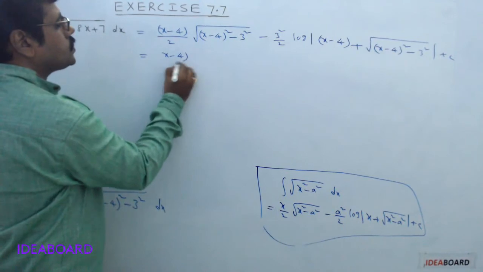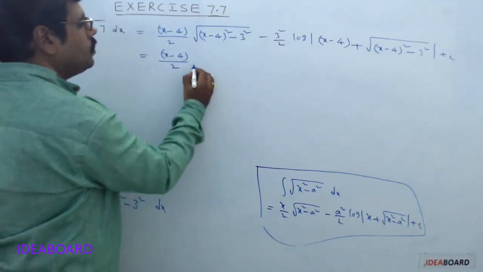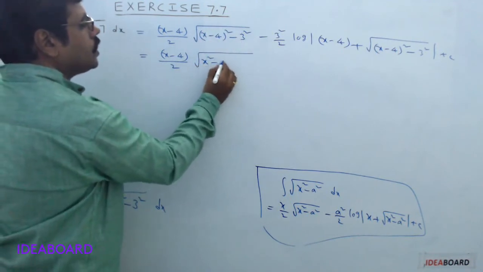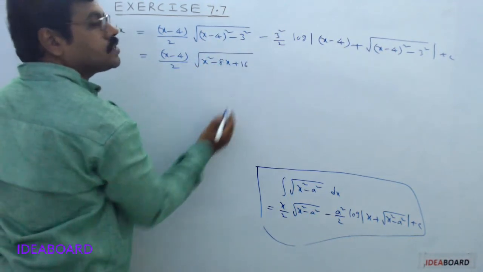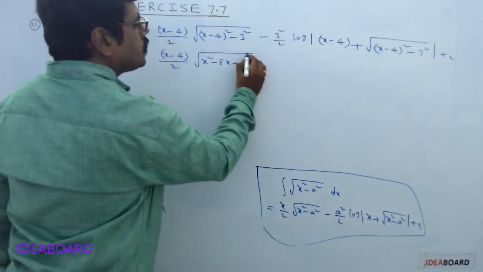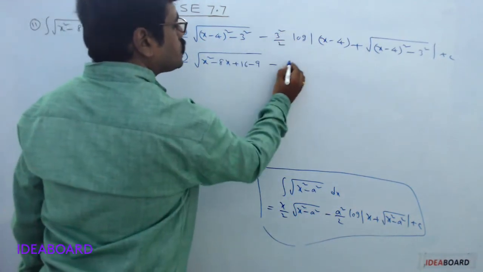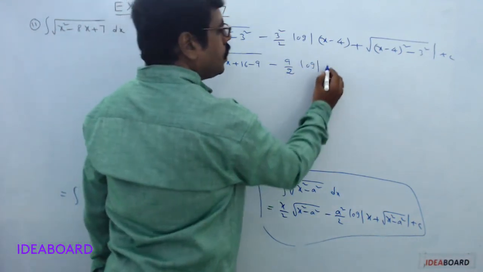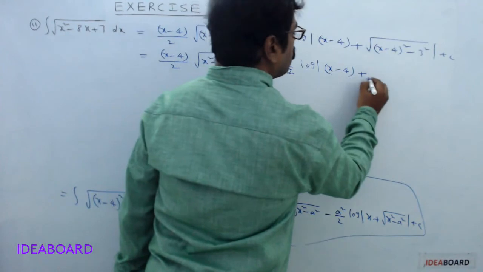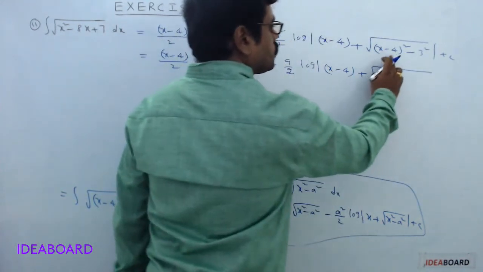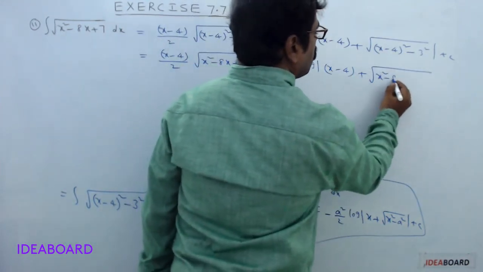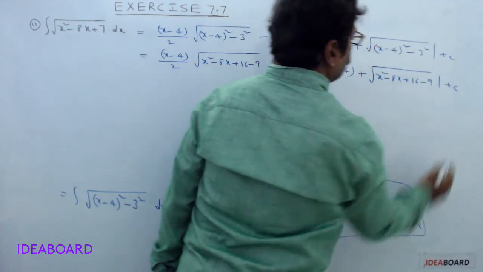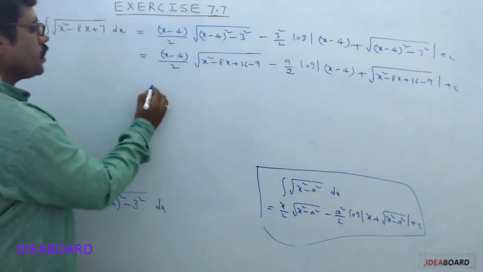Now it is x minus 4 divided by 2 into square root of, expand this term, x square minus 8x plus 16 minus 9, minus 3 square is 9 divided by 2 into log mod of x minus 4 plus square root of, expand this term, x square minus 8x plus 16 minus 9, plus a constant c.